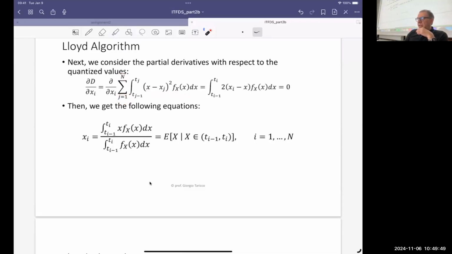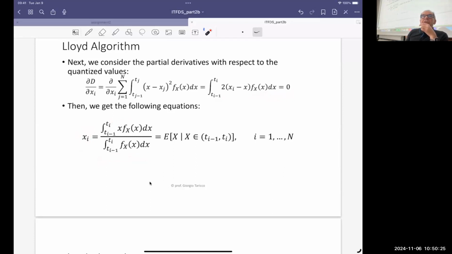The derivative is the integral from ti minus 1 to ti of 2 times xi minus x times the probability density function, and this is set equal to 0. This equation can be solved, and it gives that xi is the integral from ti minus 1 to ti of x times the probability density function divided by the integral over the same range of the probability density function.